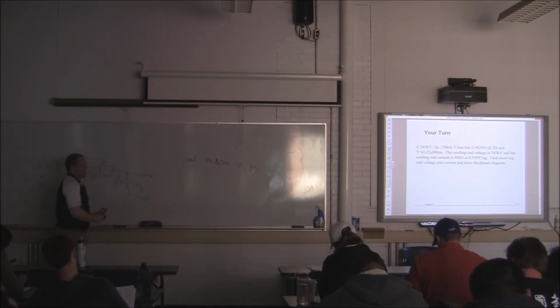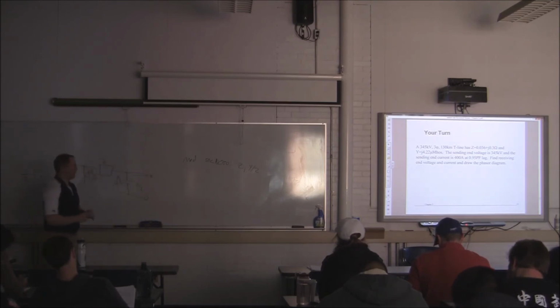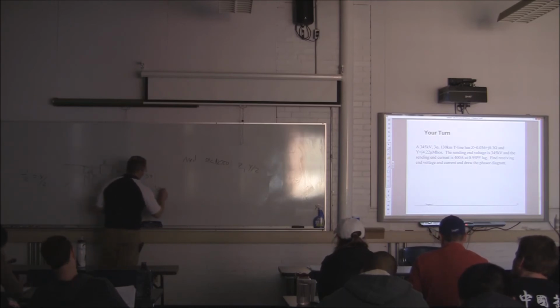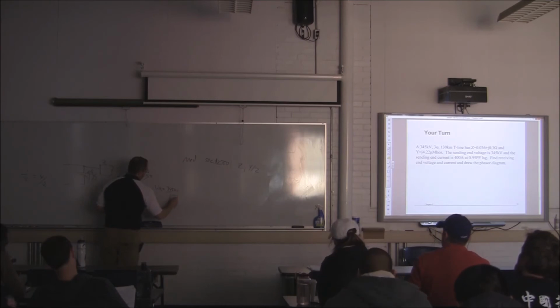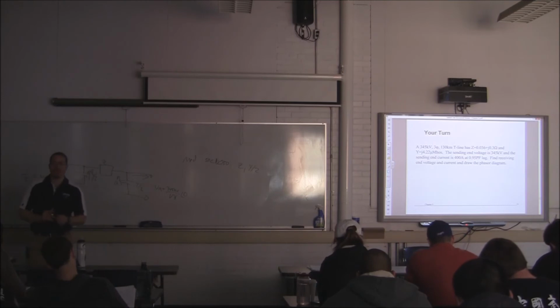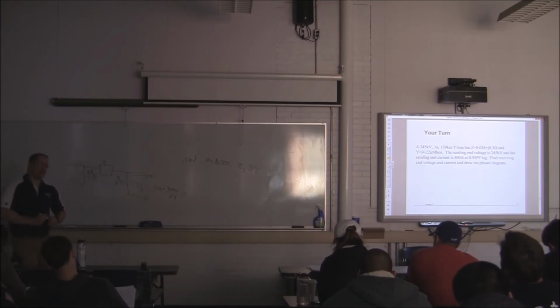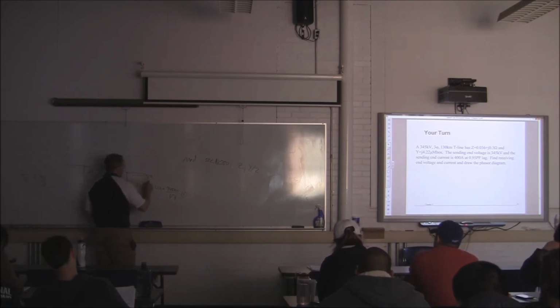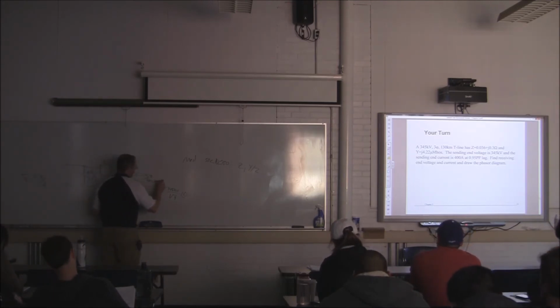Well, let me get you started at the very least, in case you haven't. So, VR is equal to 345K divided by the square root of 3. Remember, there's no such thing as a single three-phase impedance. So we have to break that up into a single-phase voltage. I have given you IR.